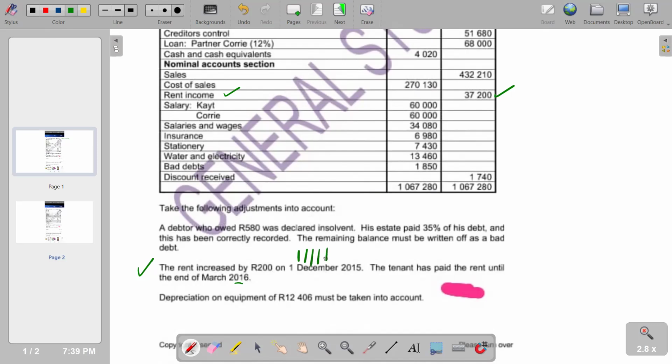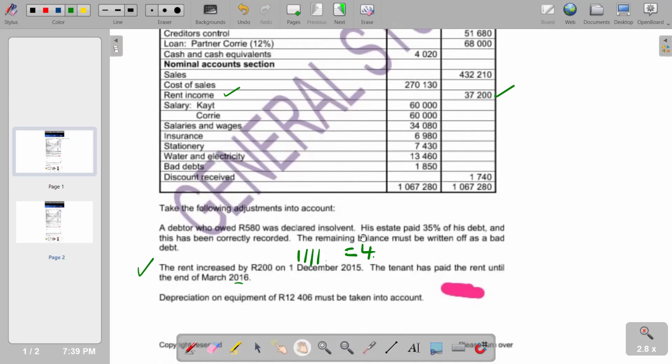We have 4 months at the increased rent, because the one for March was also received.